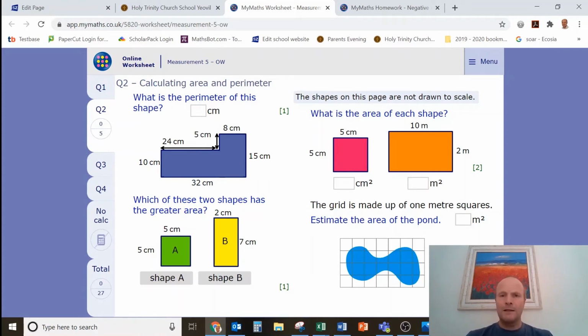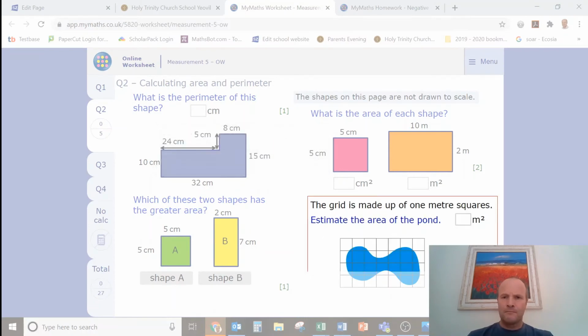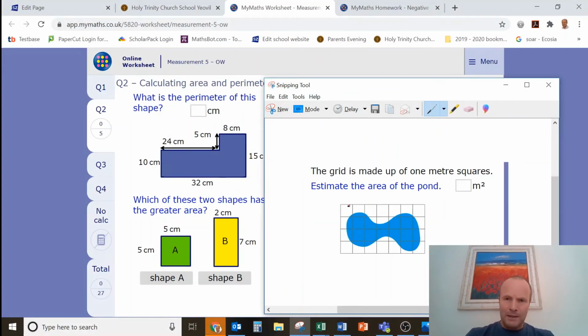Another one about area. In this one, if the square has less than half, we count it as 0. If it has half or more than half, we count it as 1. Let's go at that one. In that case, that would be 0, 0, 0, 0. All those would count as 0. Is that half? I don't know. Possibly.